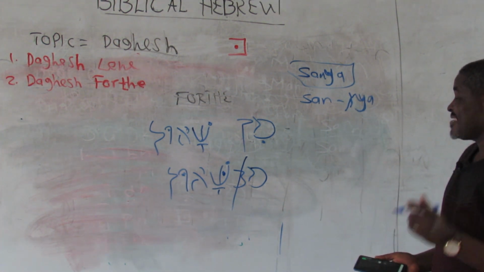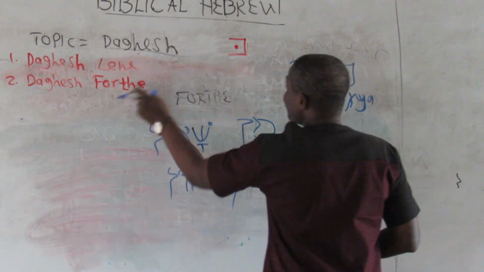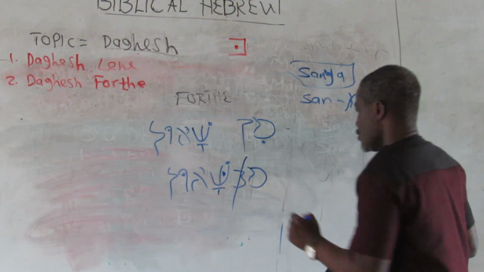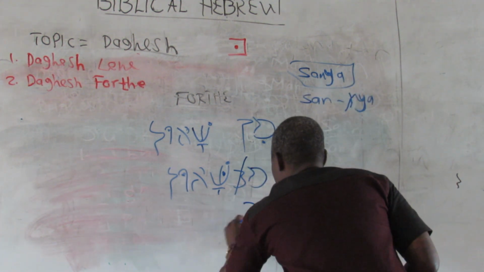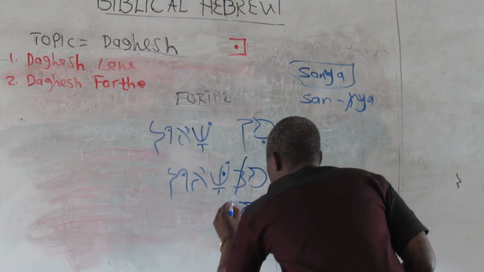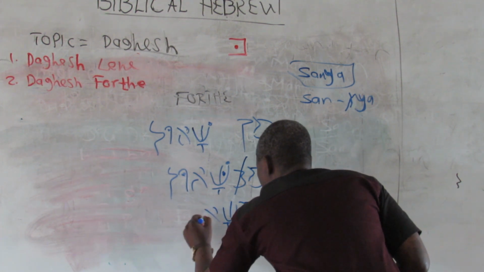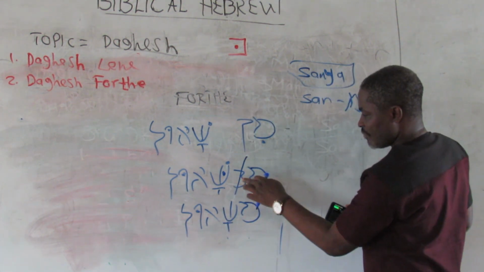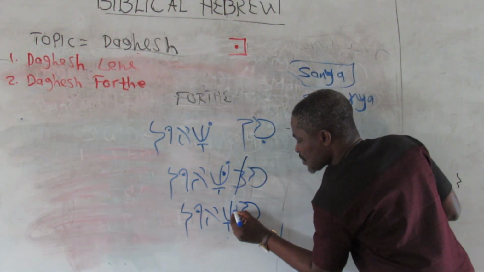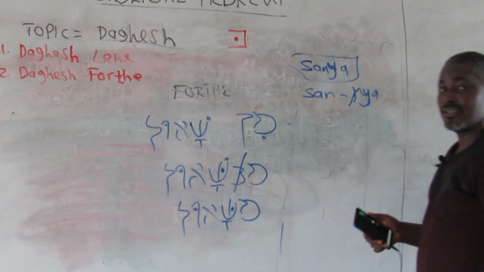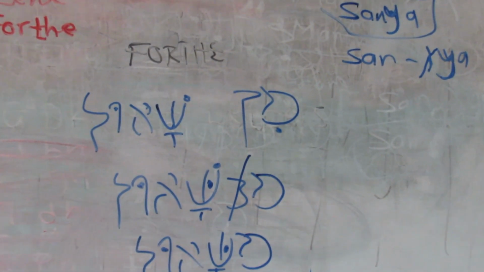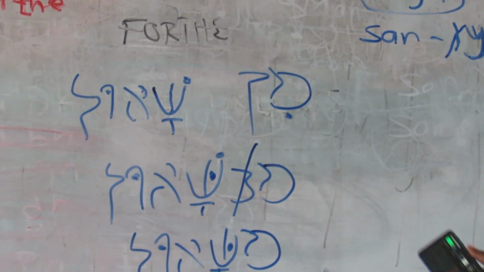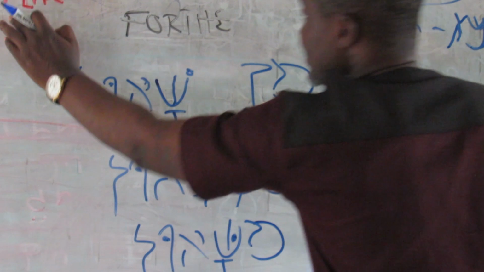But in Hebrew, you have to use the Dagesh forte, the dot, to indicate that a letter has dropped. So in the real sense, when you write this, it becomes mi, shahul. Because of the nun that is dropped, you put a dot here, showing that the nun has dropped. And that is the work of Dagesh forte.